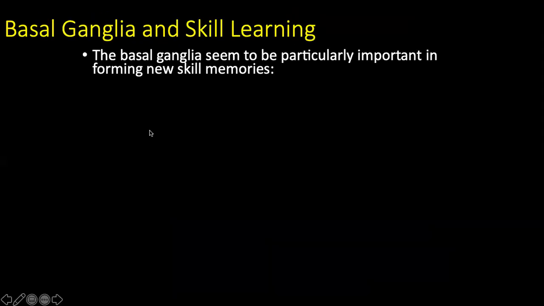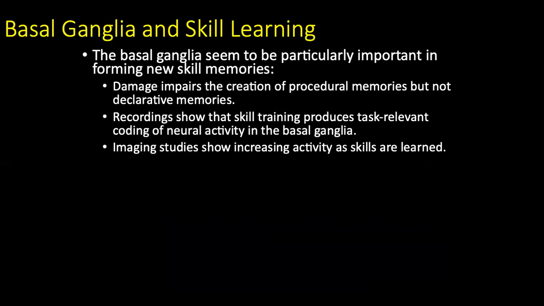So the basal ganglia in particular seems to be important in forming new skill memories. So in some ways, you can think of the basal ganglia serving similar purpose to the hippocampus and medial temporal cortex for skill learning, in terms of learning new memories of this type.